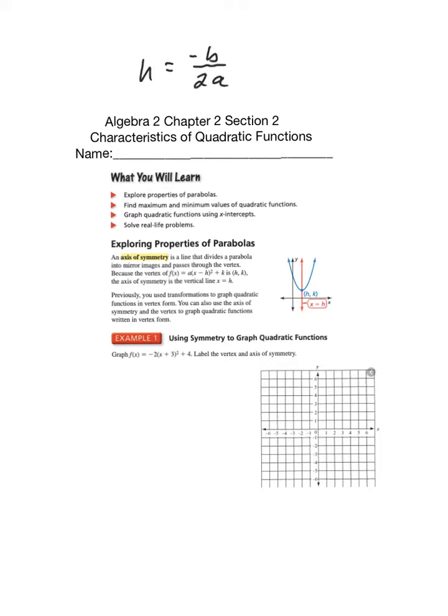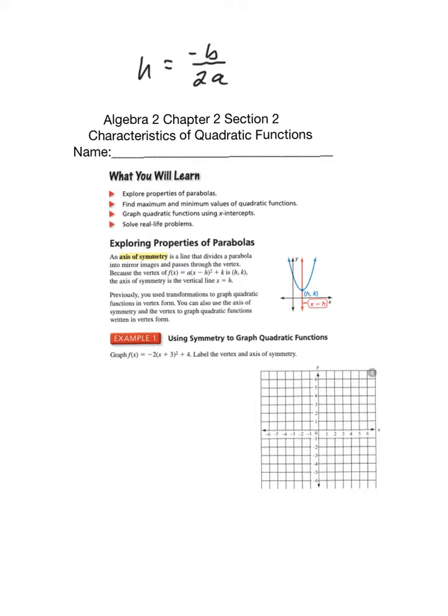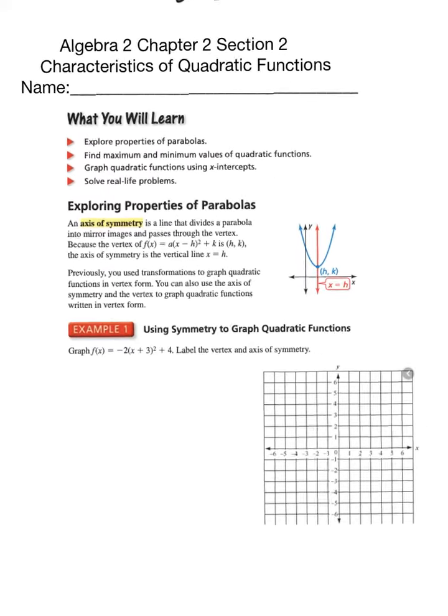So can you commit to memory that H equals negative B over 2A, and later on I'll show you what that means and why it's going to be so helpful and important to us. So hold on to that for now, and in a little bit hopefully you'll see that formula and where it came from and why it's going to be so useful to us.